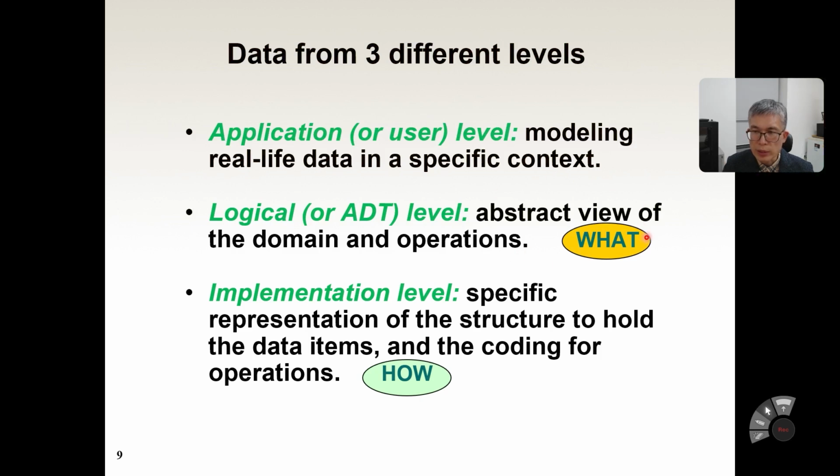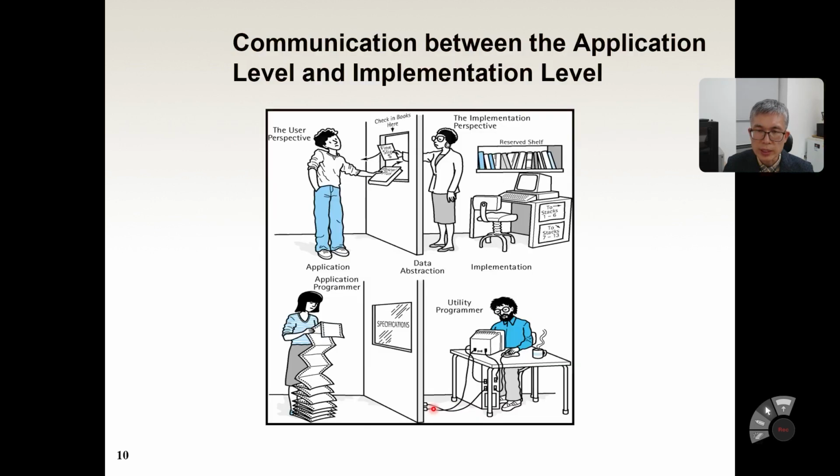Eventually, this is the core of the data. The implementation level is a specific representation of the structure to hold the data items and the coding for operations, like 16-bit 2's complement for integers. This is actually how to implement the data.